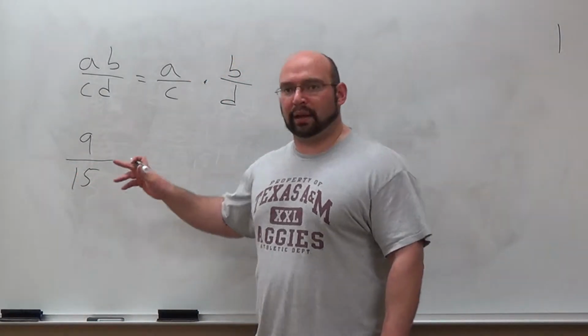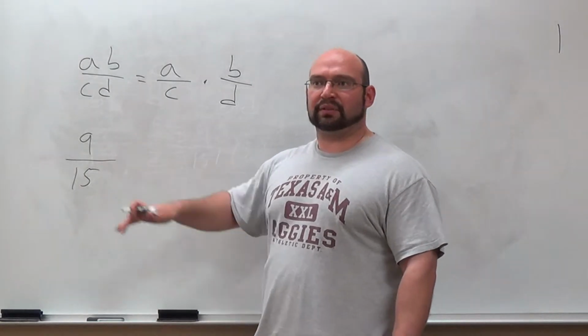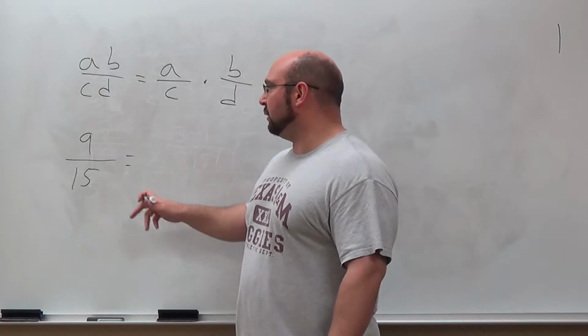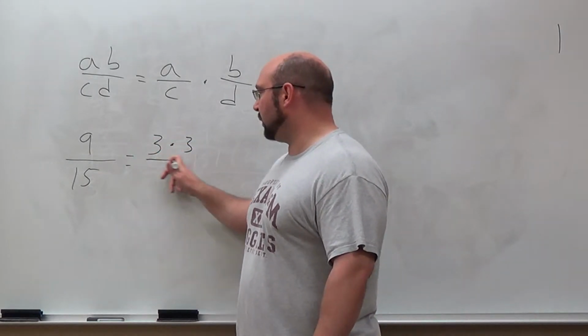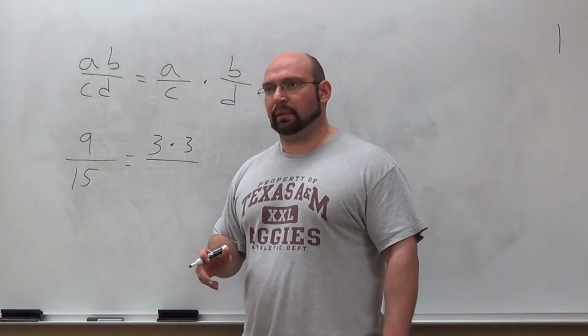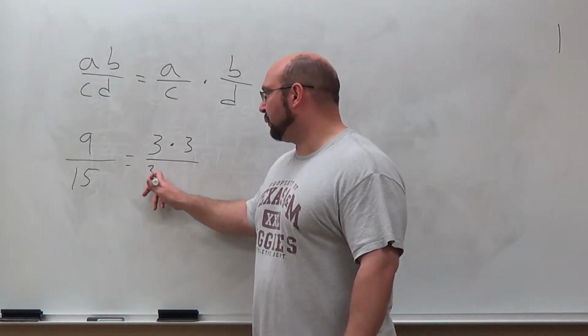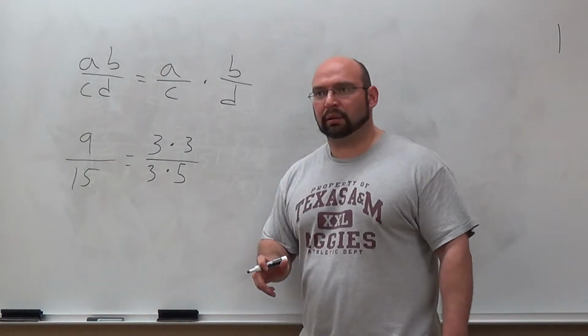Well, I know that 9 is not prime, 15 is not prime, so I could break these down to factors. Well, I know that 9 is really 3 times 3. So everybody with me on that? And 15 is really 3 times 5, right?